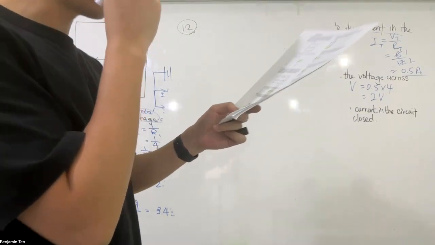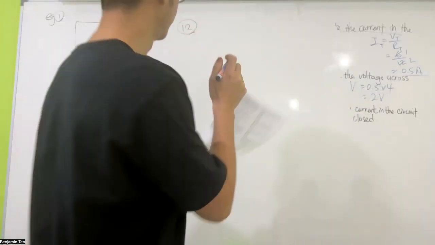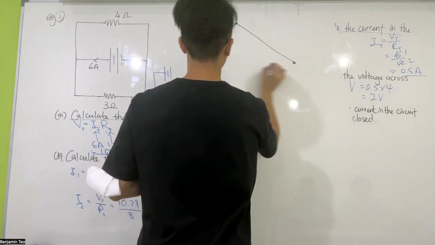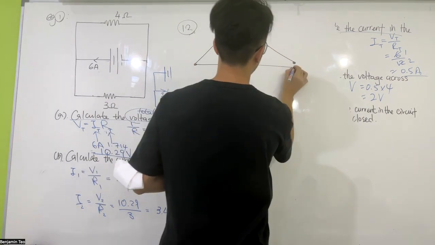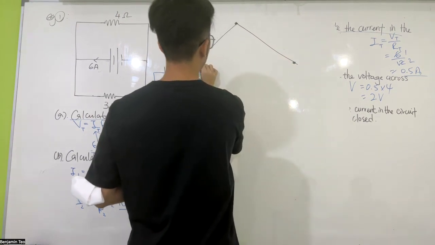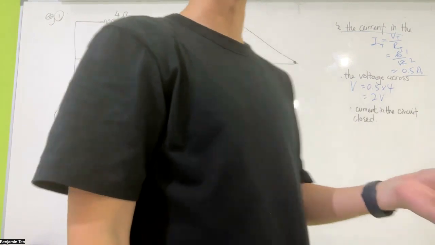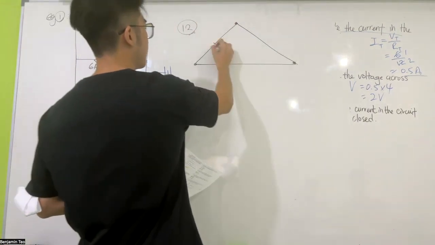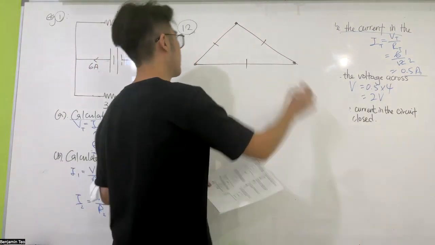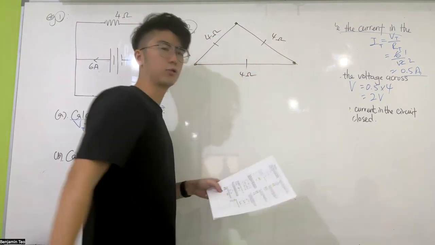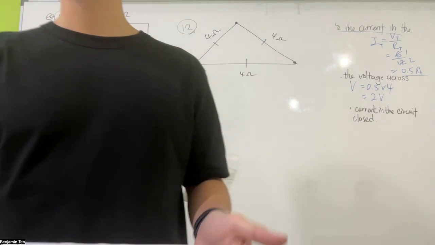And then what is the effective resistance between P and Q? I bend it, overall the wire has a resistance of how much? 12 ohm, right? If you bend it into an equilateral triangle, which is the same length, that means 4 ohm each. 4 ohm, 4 ohm, 4 ohm. The wire has a resistance.